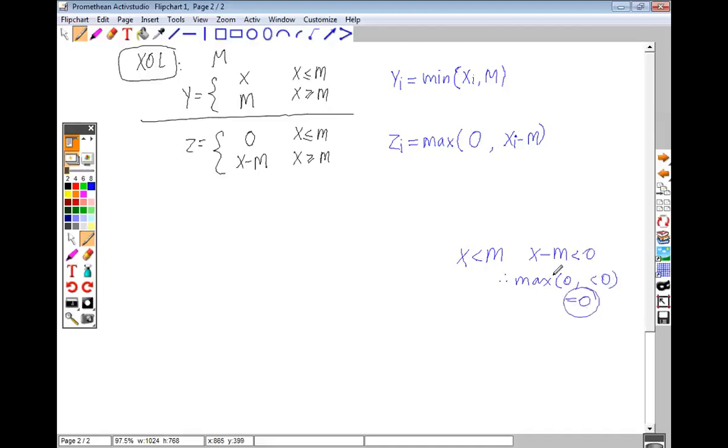And that is what the reinsurer company pays. And let's say if your x is greater than m, then you know that x minus m will be greater than 0, and between 0 and a positive number you would always go with this number, and that would be exactly what the reinsurance company will have to incur.